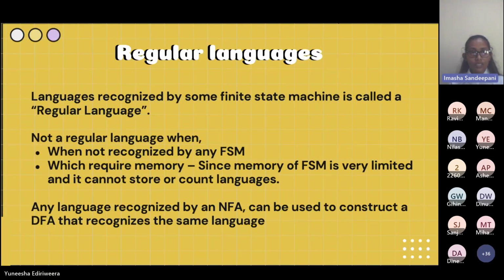Other than that, if the language requires memory, it will also not be recognized as a regular language, since the memory of an FSM is very limited and it cannot store or count. The most important thing about regular languages is that any language recognized by an NFA can be used to construct a DFA that recognizes the same language. Next slide.